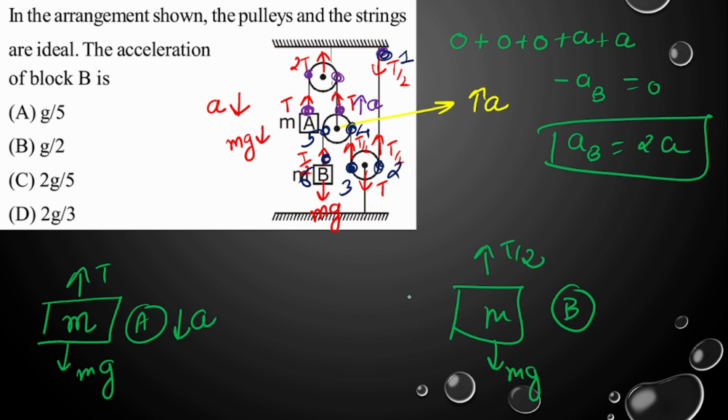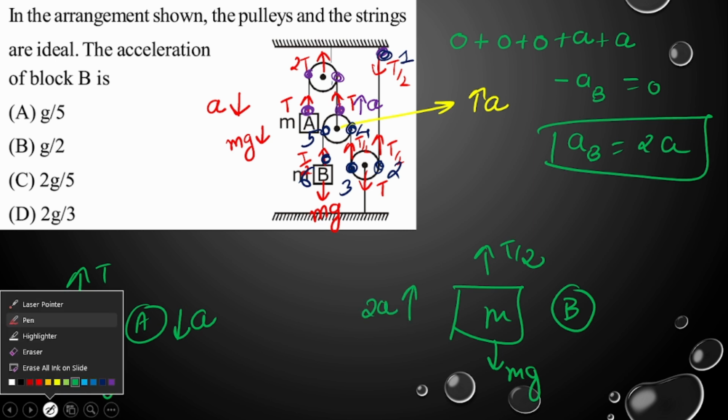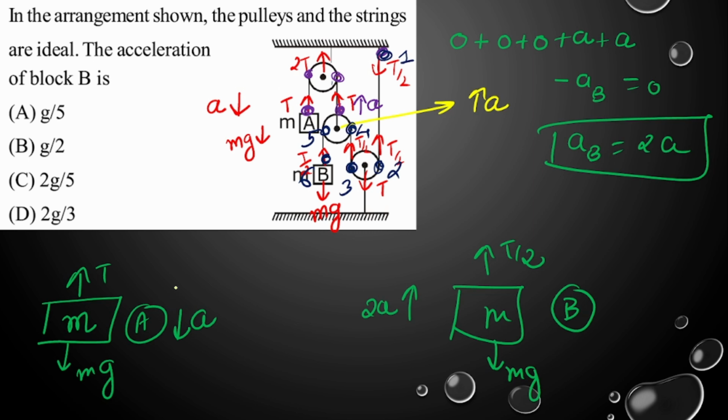Now writing two equations, F net equals ma for each. For point A, mg minus T equals ma.